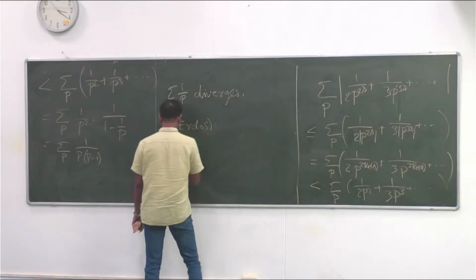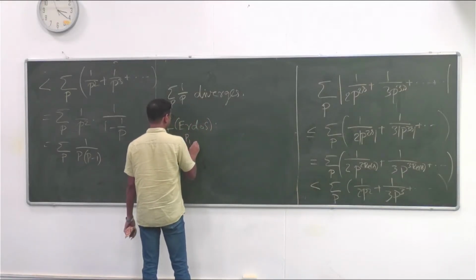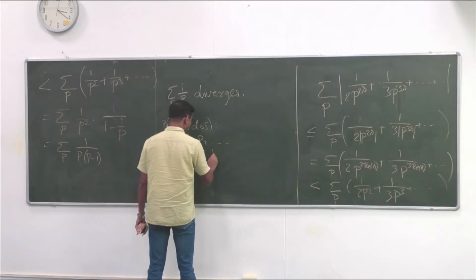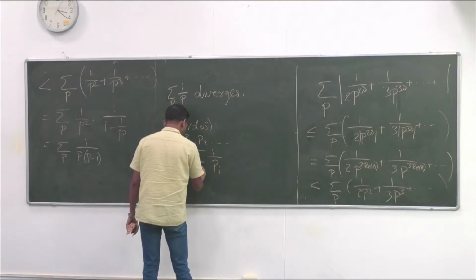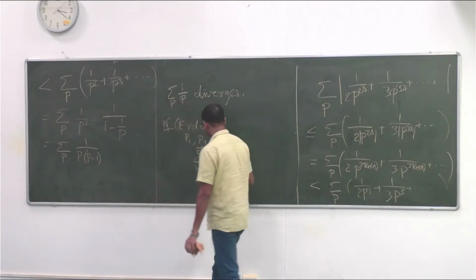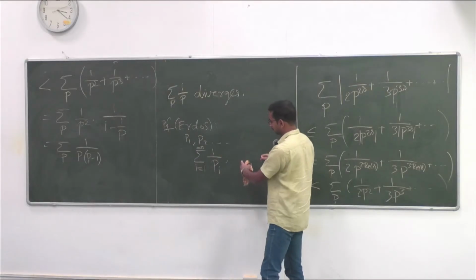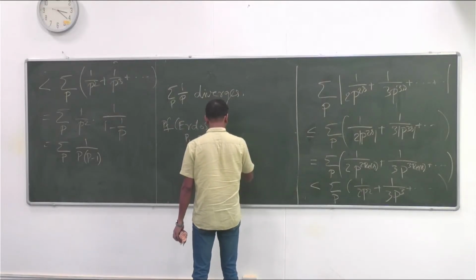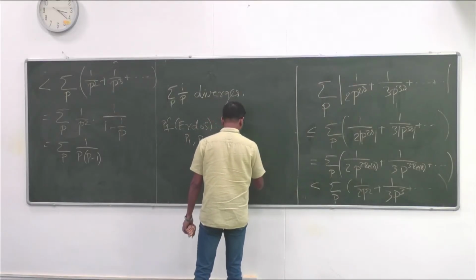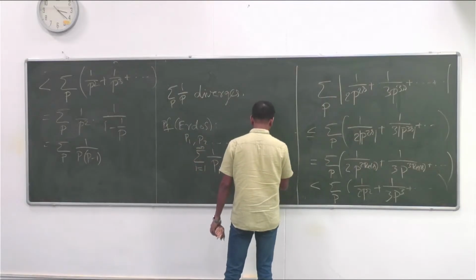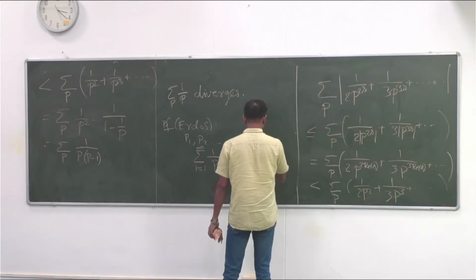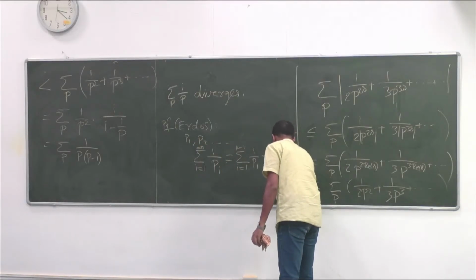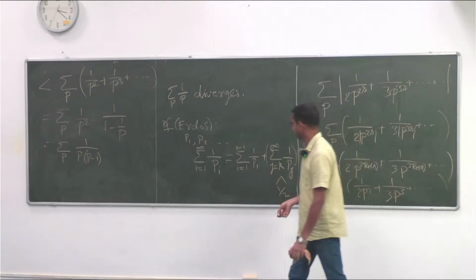If you denote the primes by p1, p2, etc., and write this sum as the summation of 1 by pi, i running from 1 to infinity, then there exists some k such that this can be written as the summation i running from 1 to k minus 1 of 1 by pi, plus the summation j running from k to infinity of 1 by pj, where this part is less than half because it converges, right?